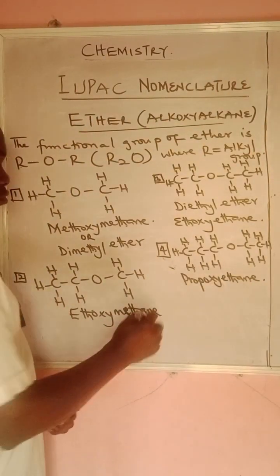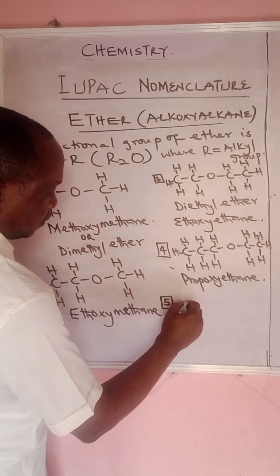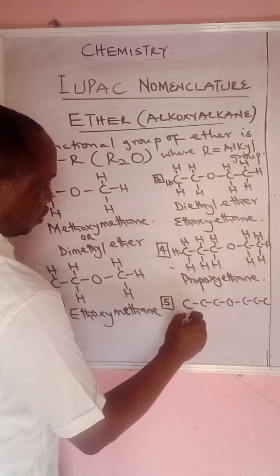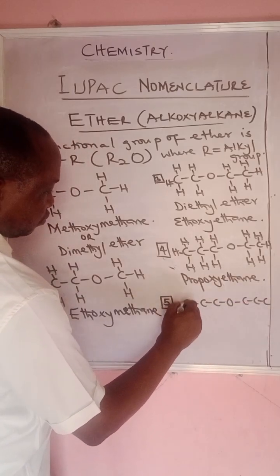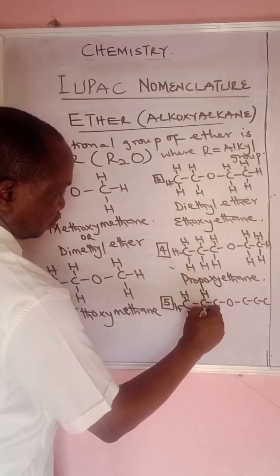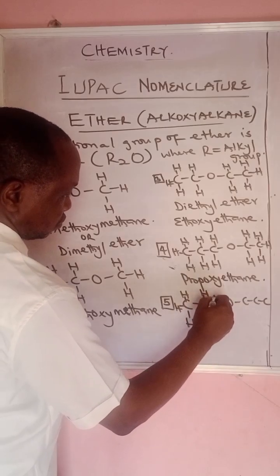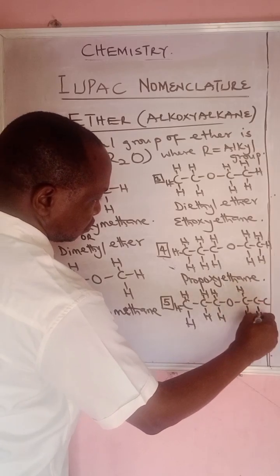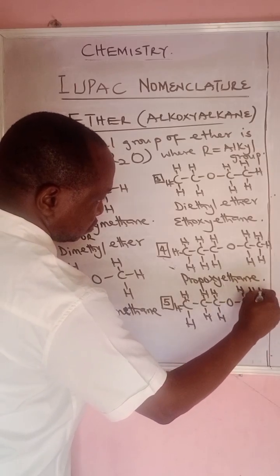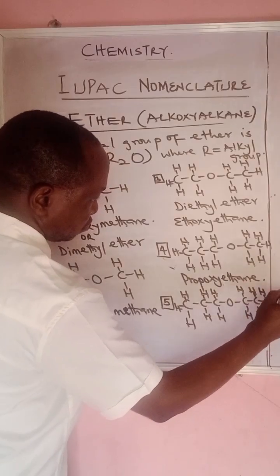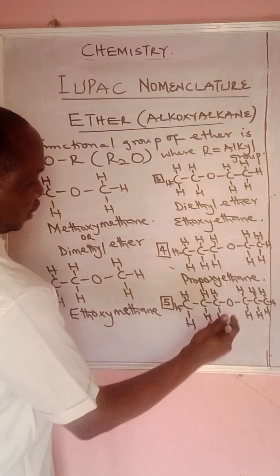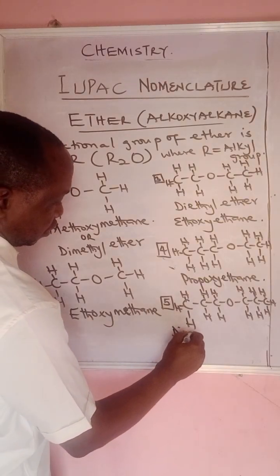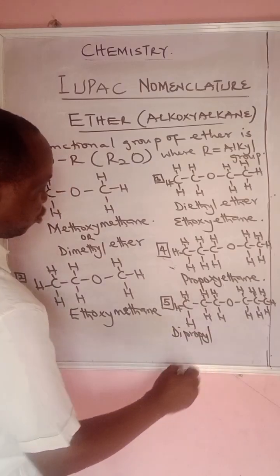Maybe I should give you one more. 5. 1, 2, 3, and 1, 2, 3. So this is 3, 3. You can call it dipropyl ether.